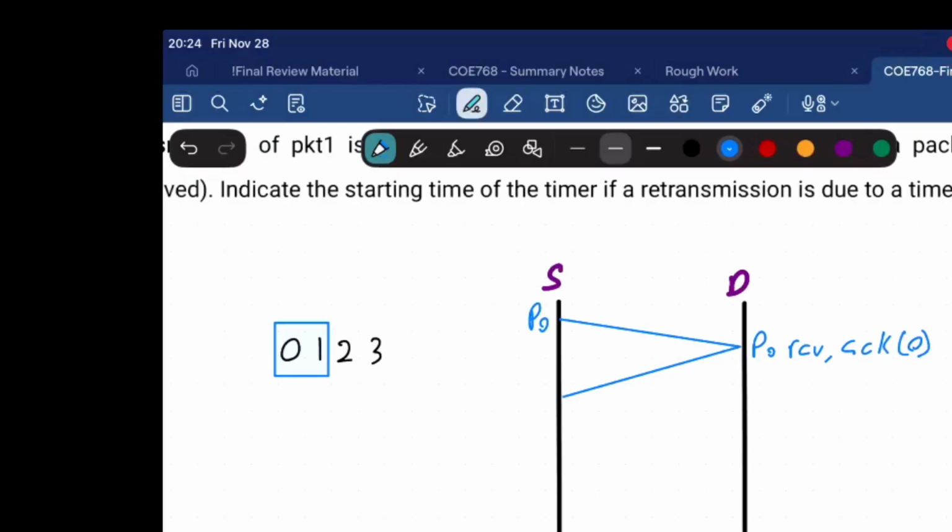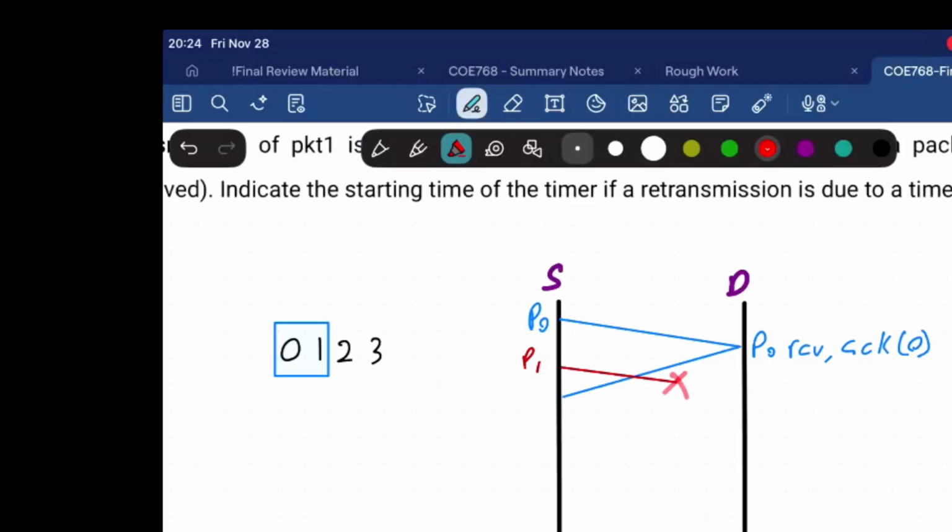And here is the reverse. So then we have P1. It also wants to send a packet over, but somewhere along the way it gets lost. So we drop that packet.